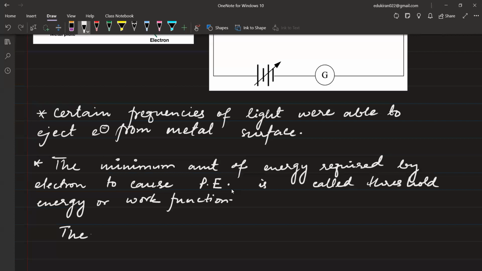So threshold energy is denoted by W or E naught.